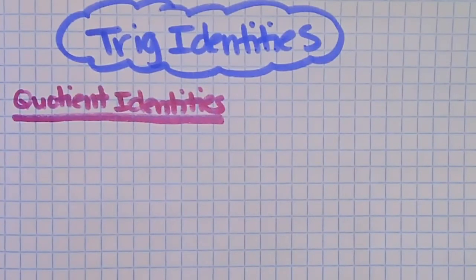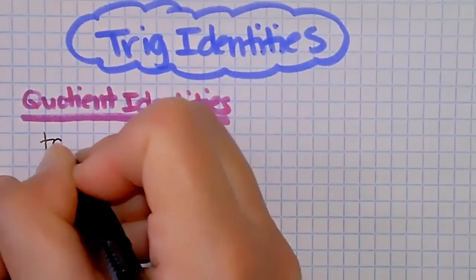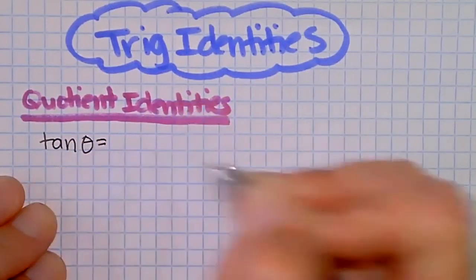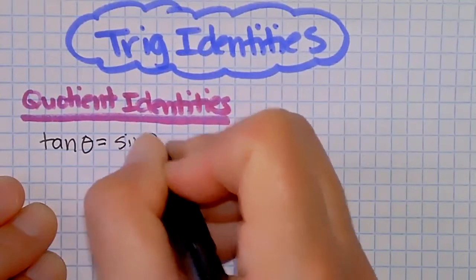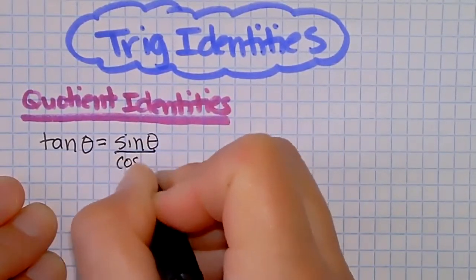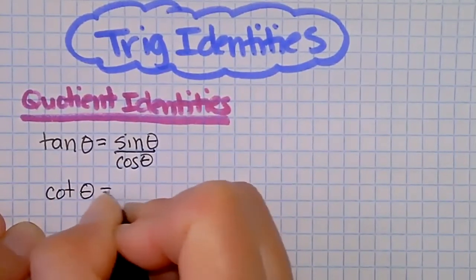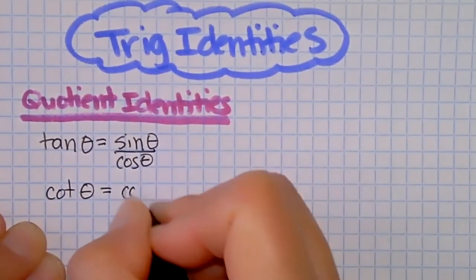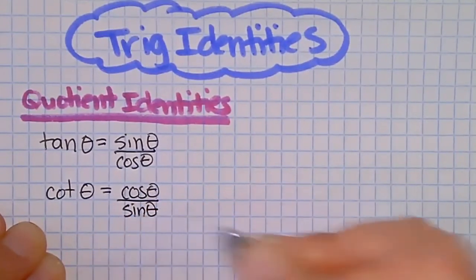So our quotient identities that I'm going to write for us: tan theta is equal to sine theta over cosine theta. And its reciprocal, cotangent theta, then is equal to cosine theta over sine theta.